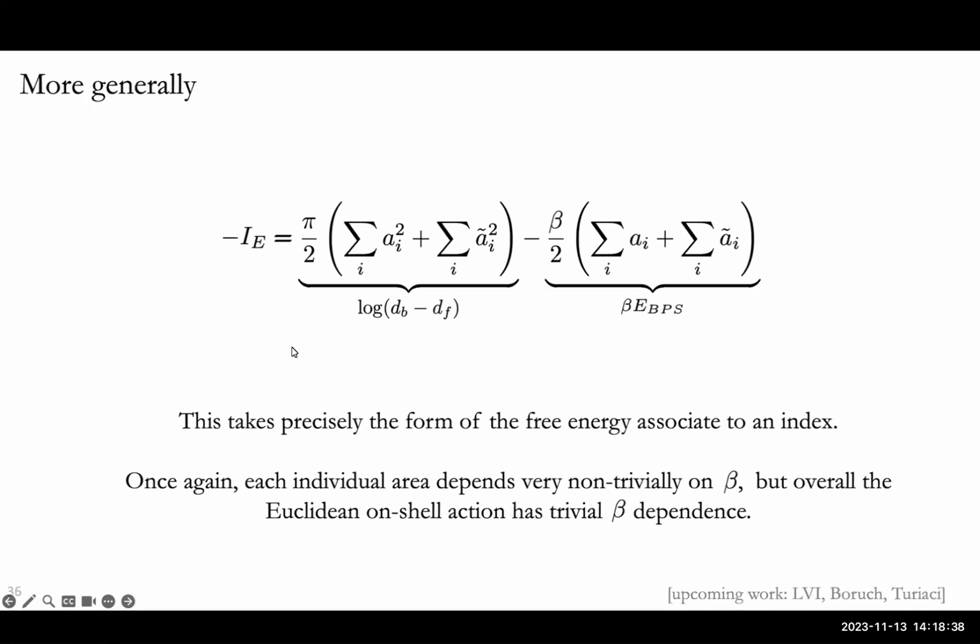And one obtains an on-shell action that again is completely consistent with the result for an index that has this as the BPS energy and this as the logarithm of the difference between the bosonic and fermionic degeneracy. And once again, each individual area for any one of these black holes has very non-trivial dependence on beta, but overall you see that the Euclidean on-shell action takes exactly the expected form of an index.